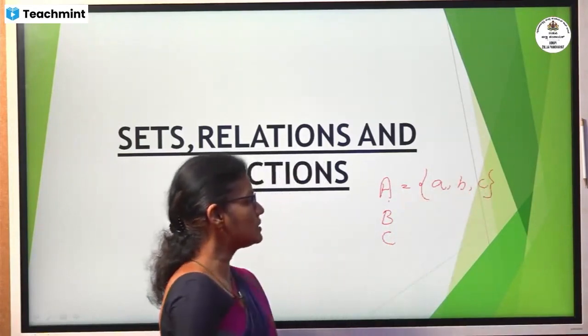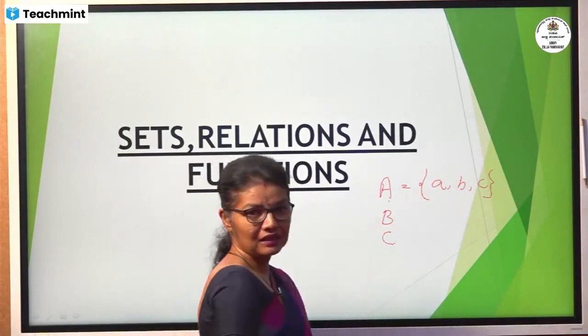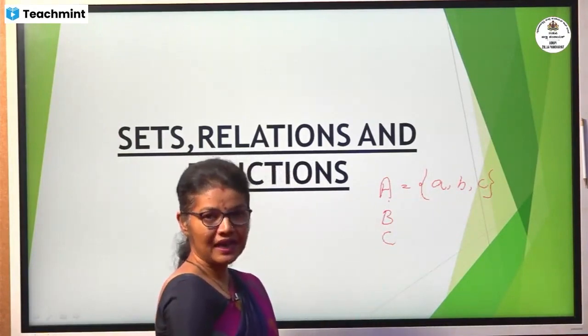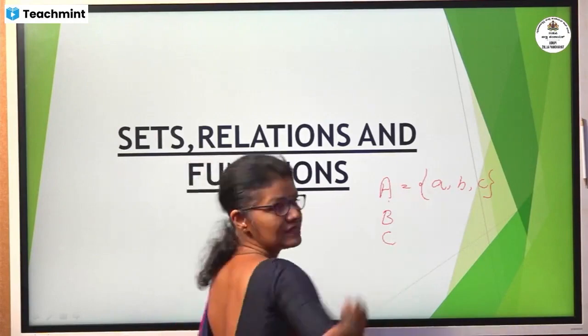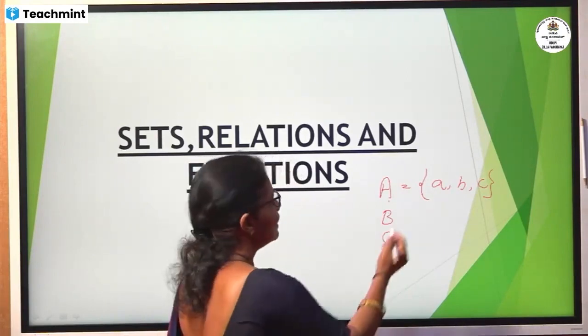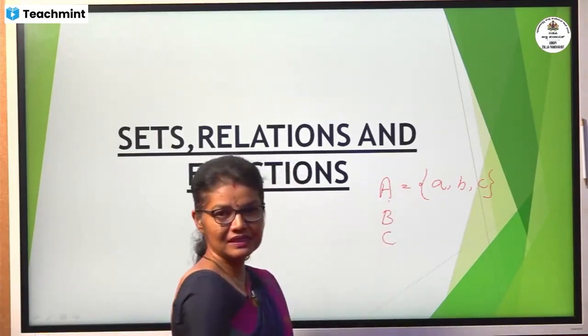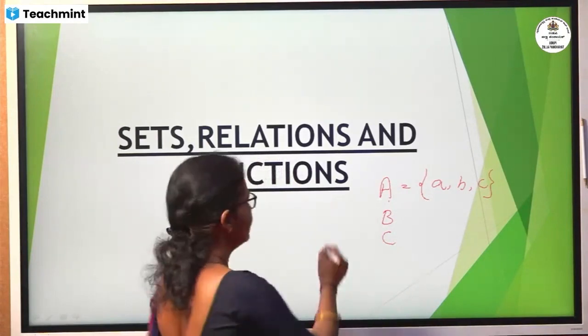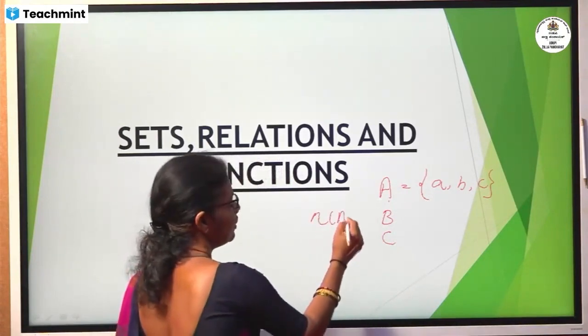You can use letters, numbers, diagrams as the elements of the set. The number of elements in the set is considered to be the cardinal number, denoted by n of A.